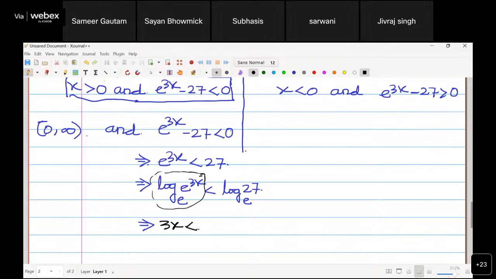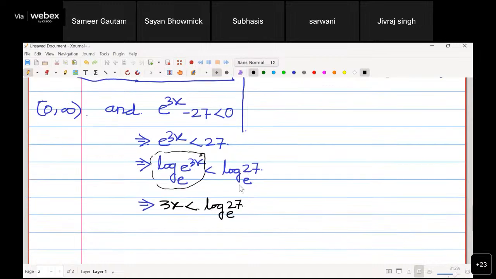This means 3 times x should be less than log 27. So now x should be less than 1 by 3 log e of 27.